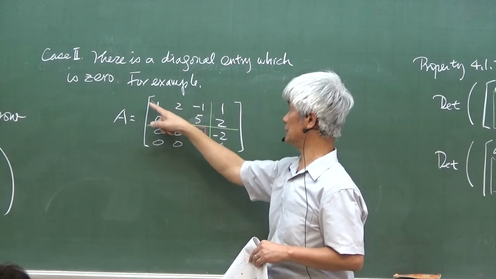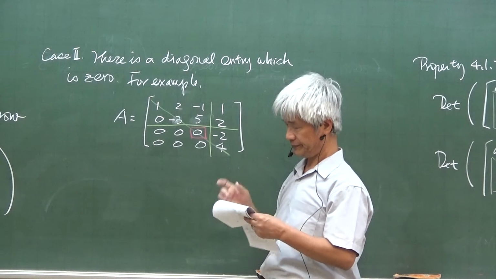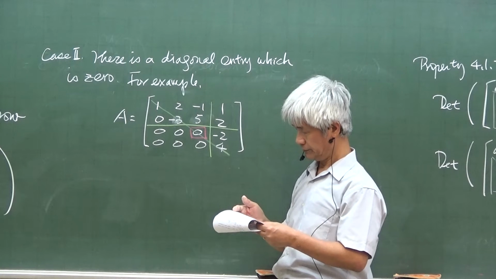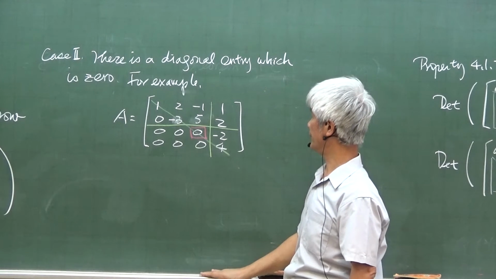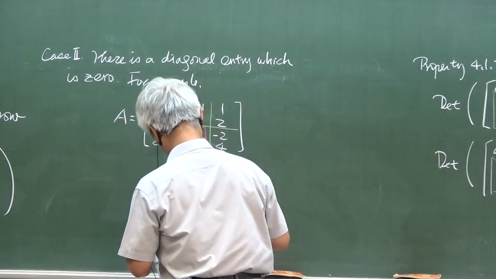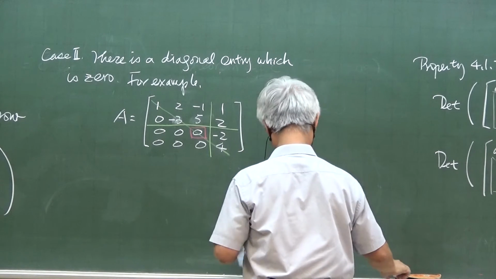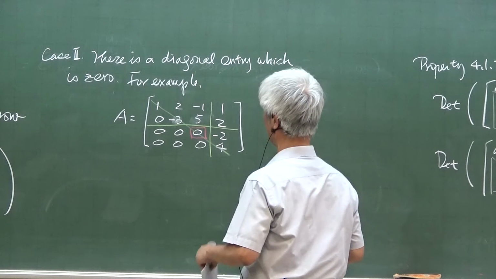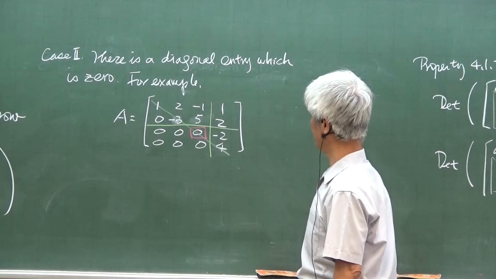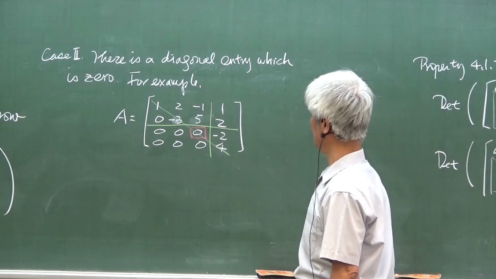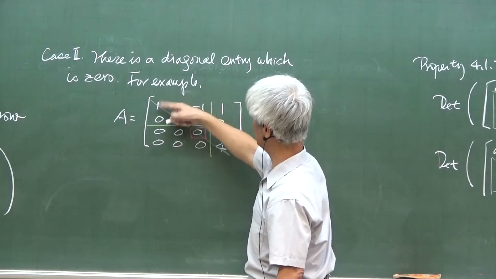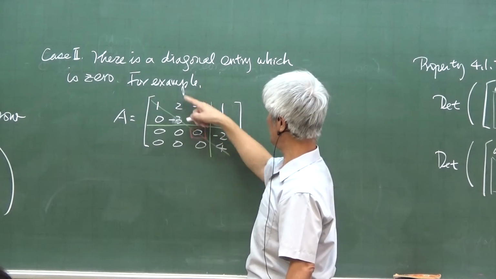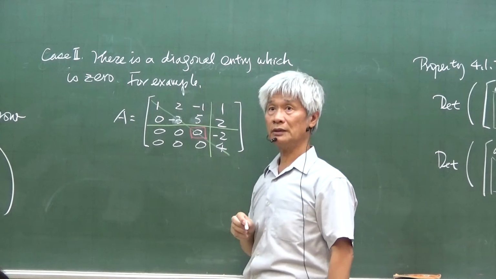Just from the dimension, this is 2, this is 3. So because we don't have enough pivots, one of the columns has no pivot.